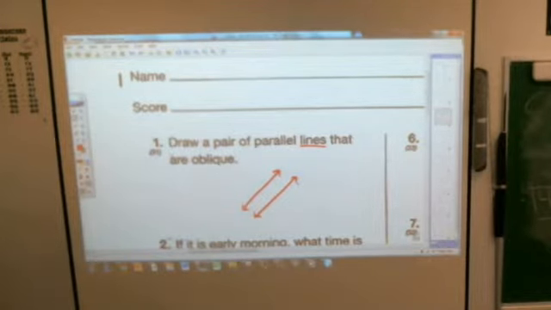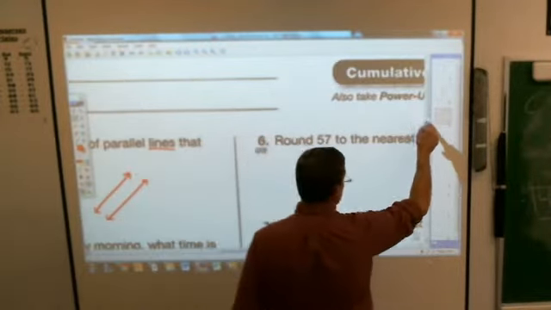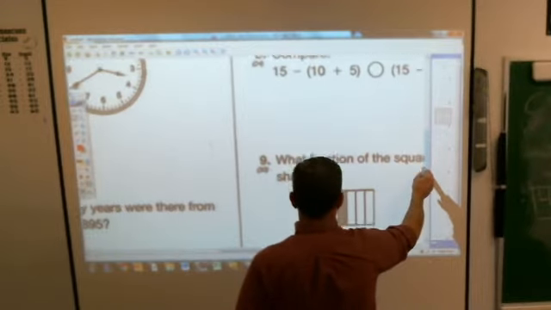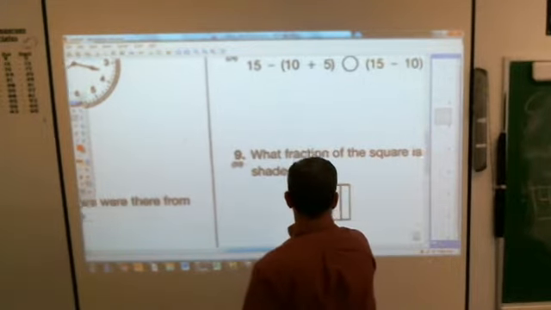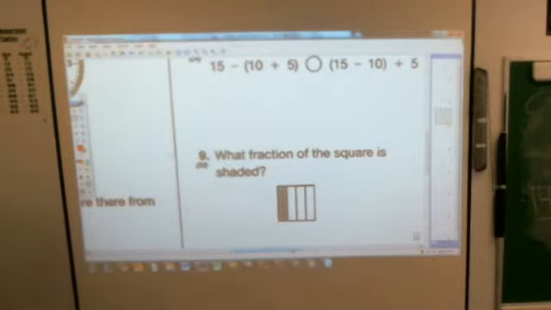Would number 9 be okay if you put like 25 out of 100? Let me look at what question number 9 is. Why would you put 25 out of 100 when there's only 4 squares?